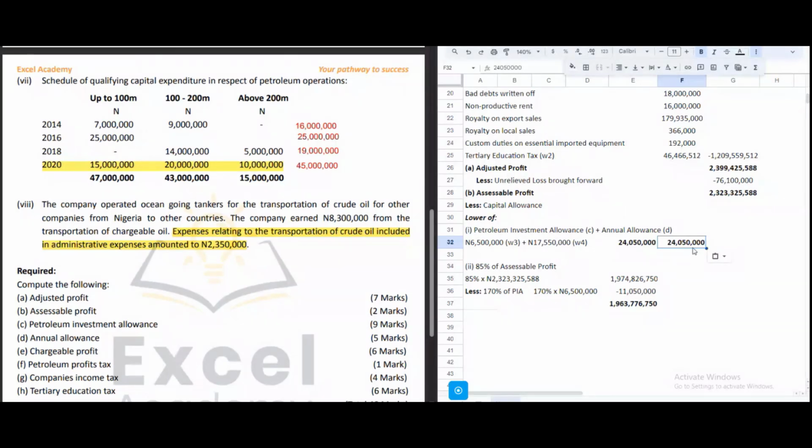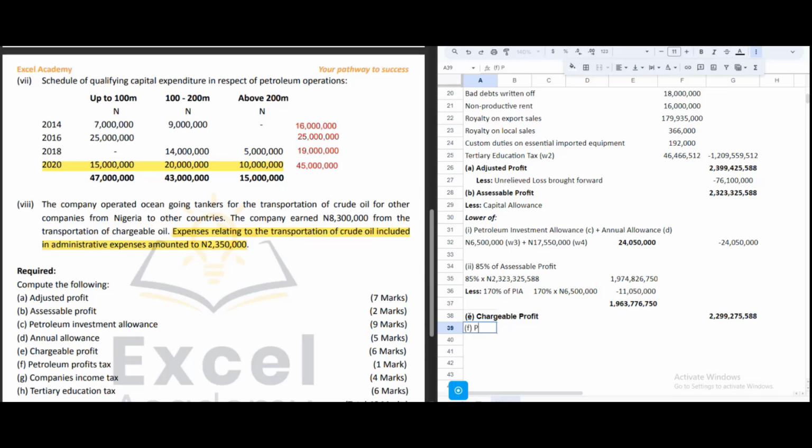So this 24 million will now be deducted as the capital allowance. So in this case the chargeable profit is 2,299,275,588. So this is the E. We will now proceed to F.